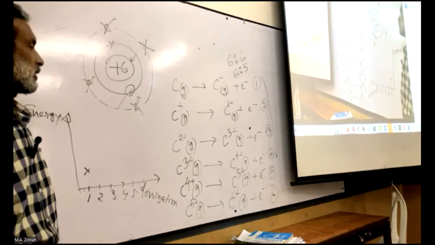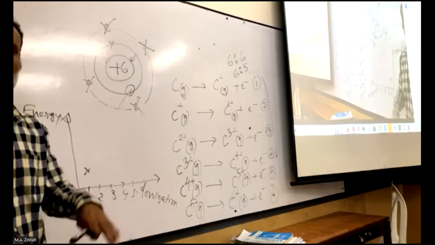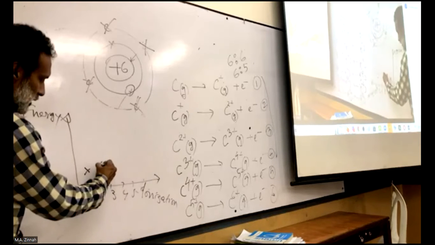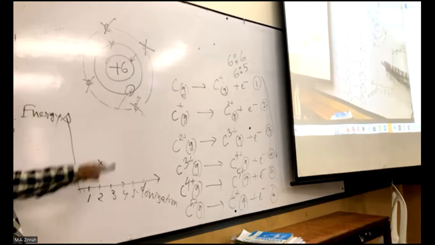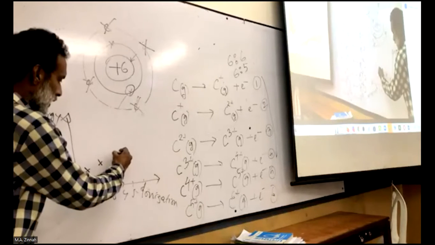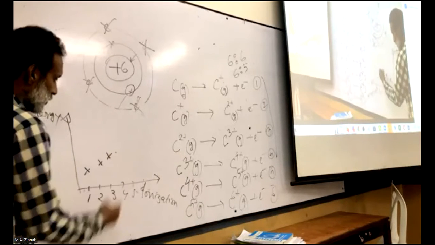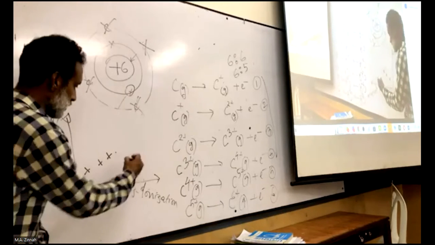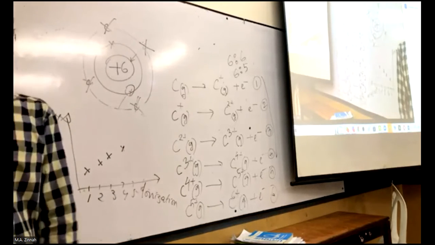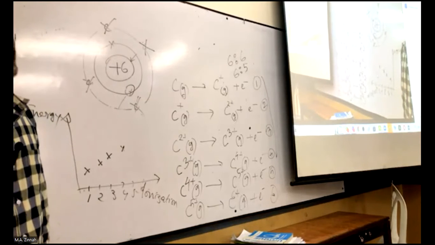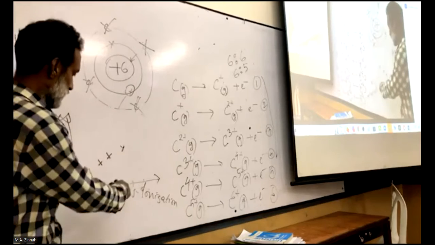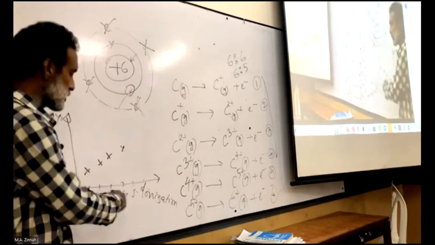Then if you remove the next electron, this will be higher, a greater value. Look, the value is greater now. And the third ionization again greater, and the fourth ionization again greater. And the fifth ionization is not just greater but much higher than this, not in this gradual rise.